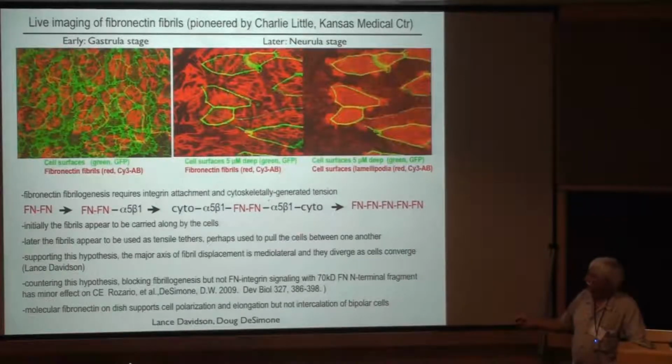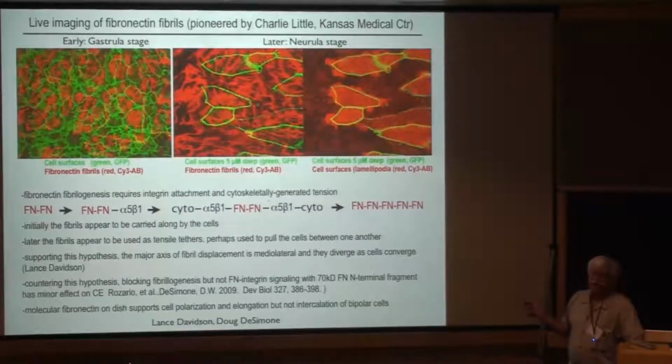And there's an experiment that Doug DeSimone, Tanya Rosario, and Doug's lab did, basically they inhibited fibril formation. And the bottom line is that the fibrils, they argue, are not necessary for intercalation. The signaling is. So the fibronectin has to be there, but it doesn't have to make fibrils.